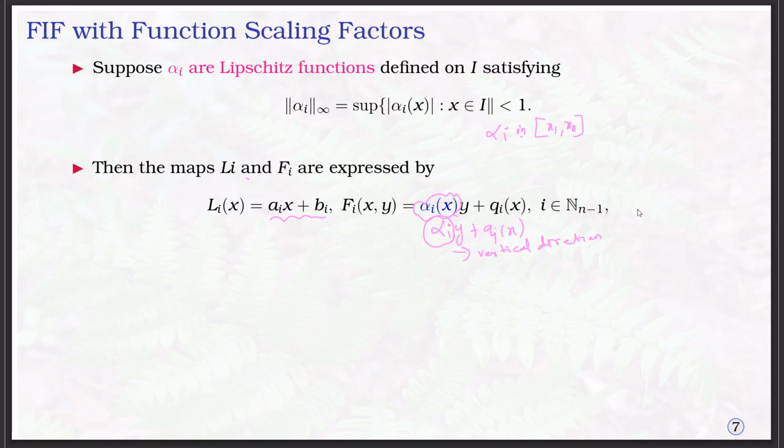If you fix one point x, then it will control the data points. If the data point is here and you multiply with alpha, it will be reduced to this one. Maybe the length of this line, here to here, is L. Then if you multiply, it will come to alpha times L.